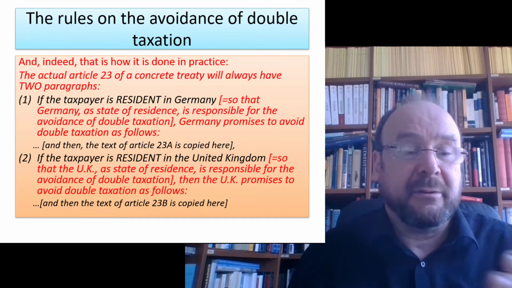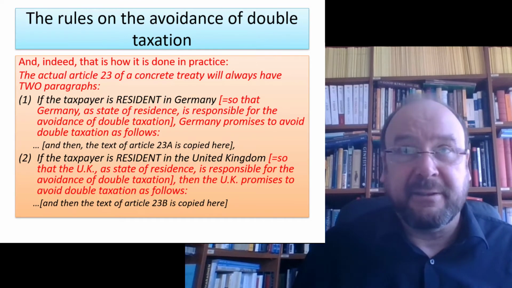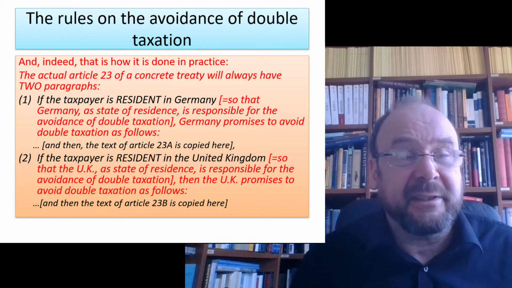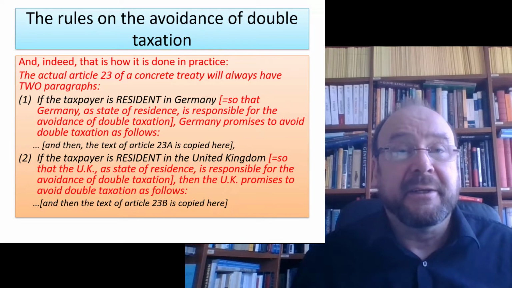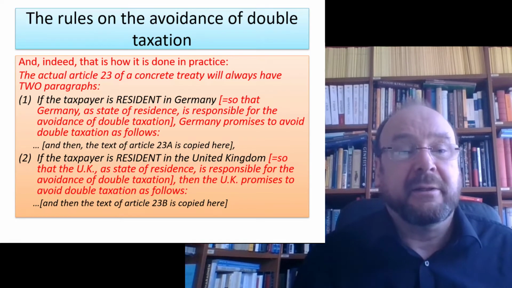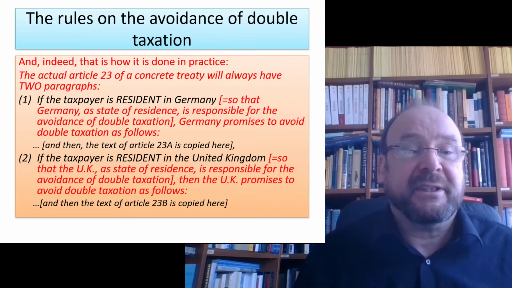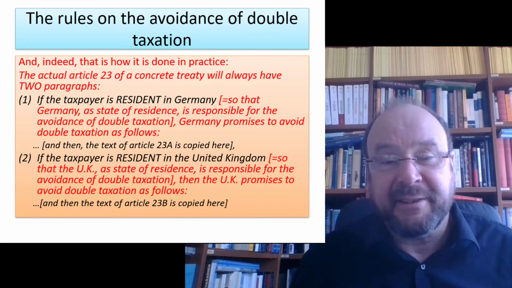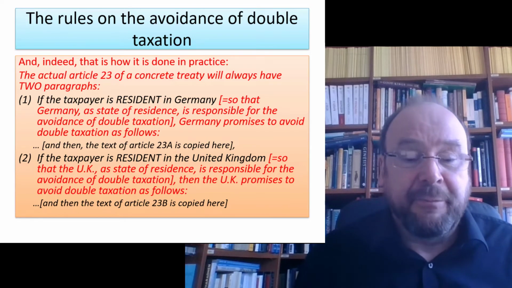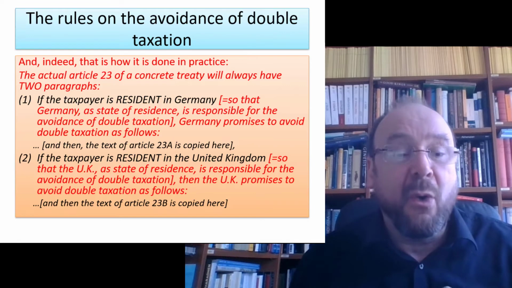So if you are resident in Germany, even if it's a treaty with the UK, India, Australia, South Africa, in all probability it will be the A variant, which is a 100% or 99 or 95% identical draft for your Article 23 variant.